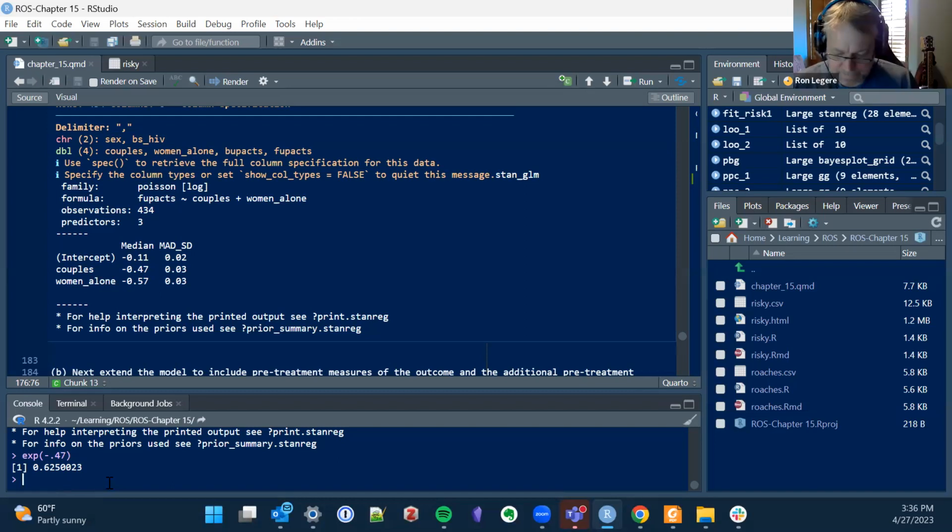Should it be 1 minus that though? No, because we're not doing odds. If you look on page 267, it's a multiplicative decrease of 62%, which means it's 62% of what it was. Sometimes you say that if it was 0.98, there's a 2% decrease, right?